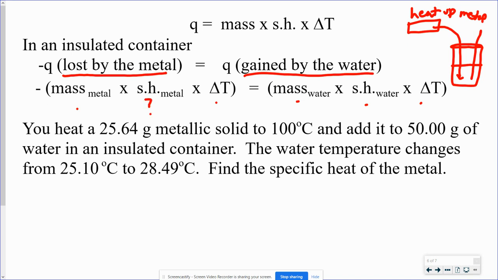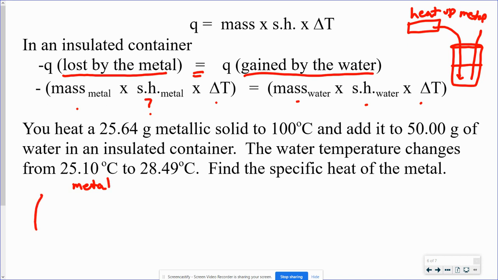So it's two Q equations set equal to each other because the metal transfers its heat to the water. However much heat the metal loses is gained by the water. So Q equals Q. So on this side, I'm going to put the metal information.